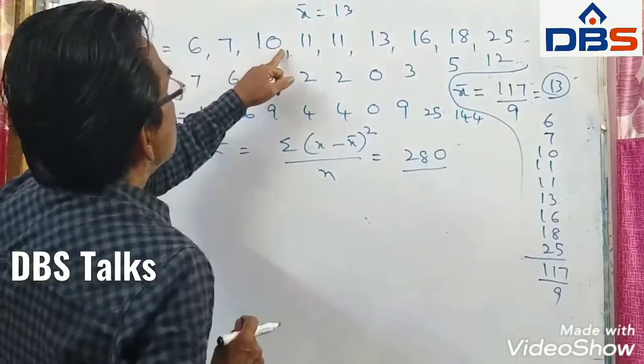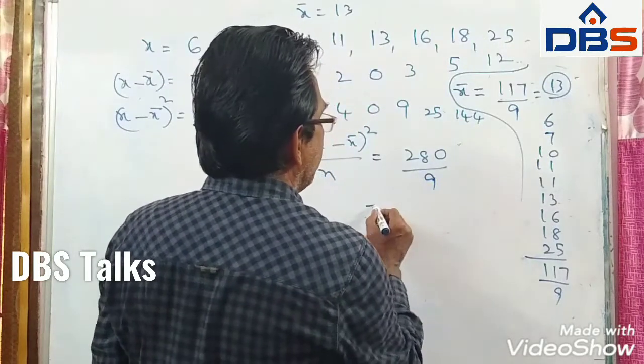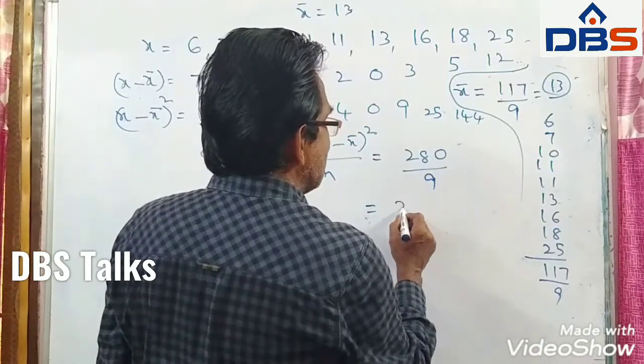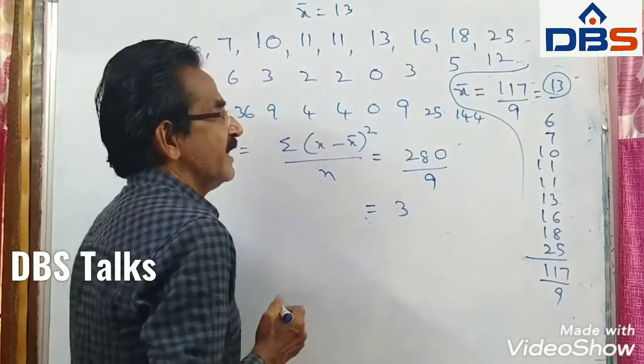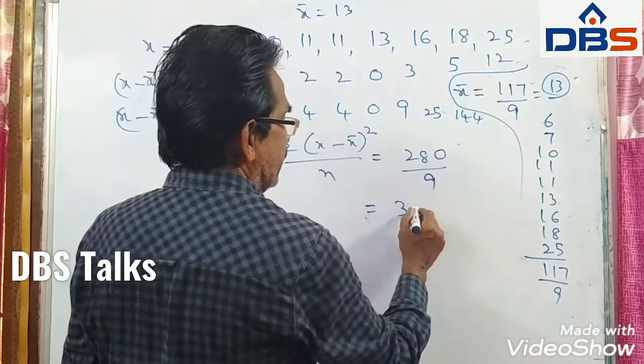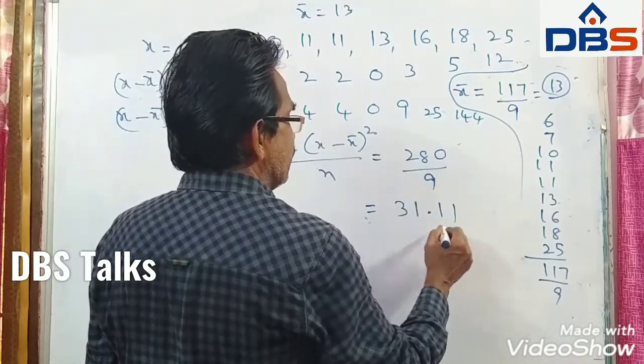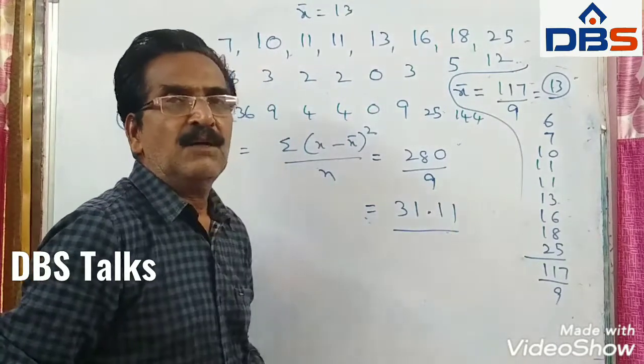The number of observations, how many, friends? 9. So we have to divide by 9. 9 threes are 27, 1 is remaining, 10, 9 ones are 9, again 1 remaining. So 31.11 friends.